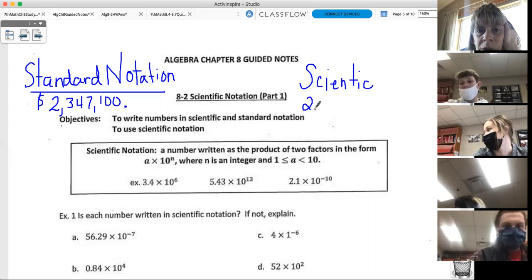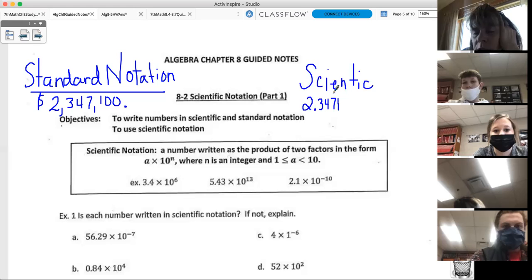So we're going to talk about this number as being 2.3471. Okay, so that's my number, 2.3471, but that's not the same thing, right? $2,347,100 in my bank account is not equivalent to $2.3471, right? What we do is we multiply it by a power of 10.